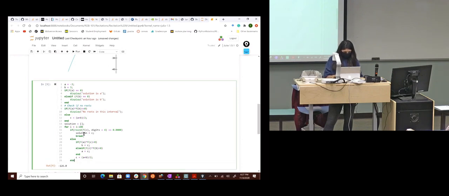And here goes, then you do end. If you reach the end of this cell, display, or let's just run it and see what happens.